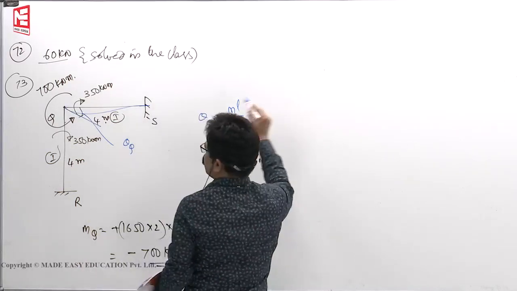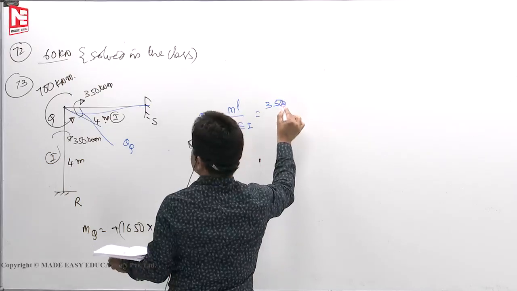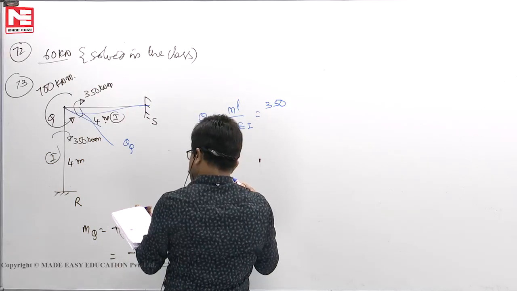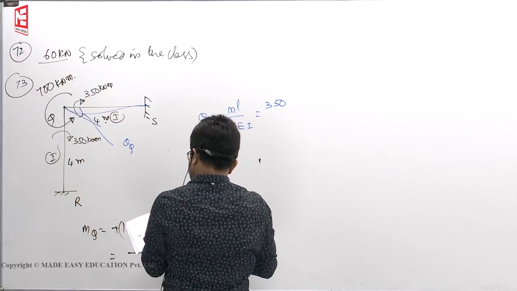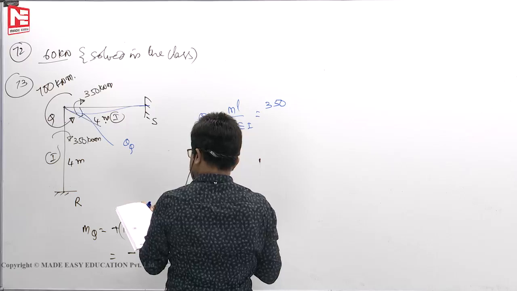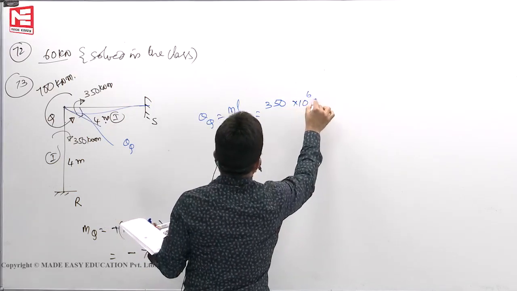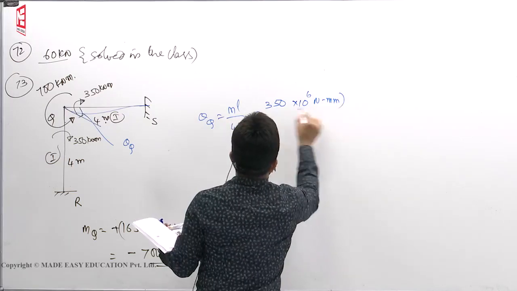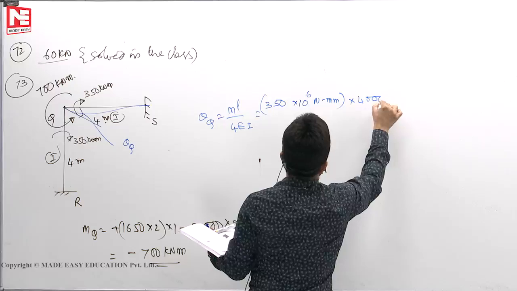Moment is 350 now, out of 700 it is taking only 350 kilonewton meter. Since everything is in Newton mm square, we will convert it. 350 into 10 to the power of 6 Newton mm, length is 4 meters, that means 4000 mm.